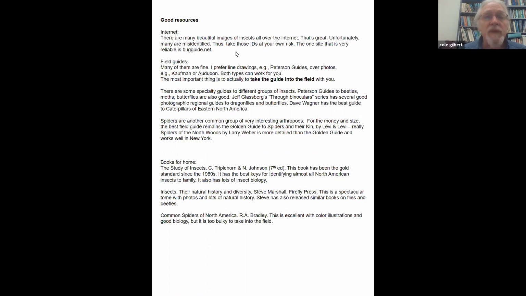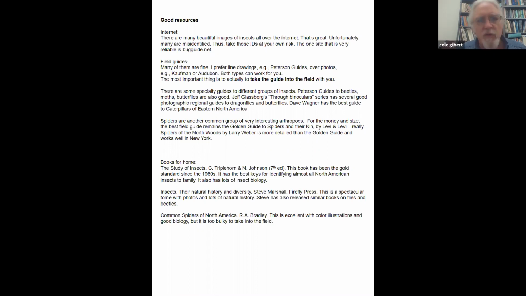In terms of field guides, there are a number of them out. This is an area of book selling that has proliferated a lot lately. And in terms of field guides, there are two different camps. Field guides that are based on photographic images or field guides that are based on line drawings.